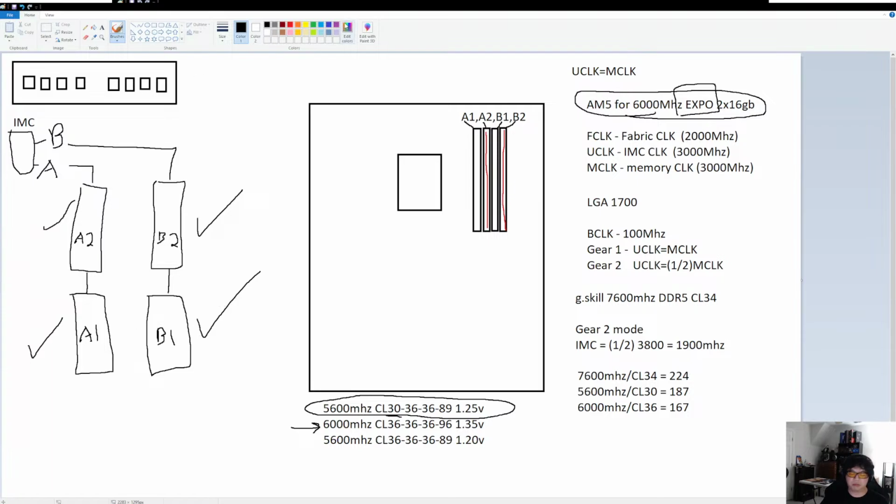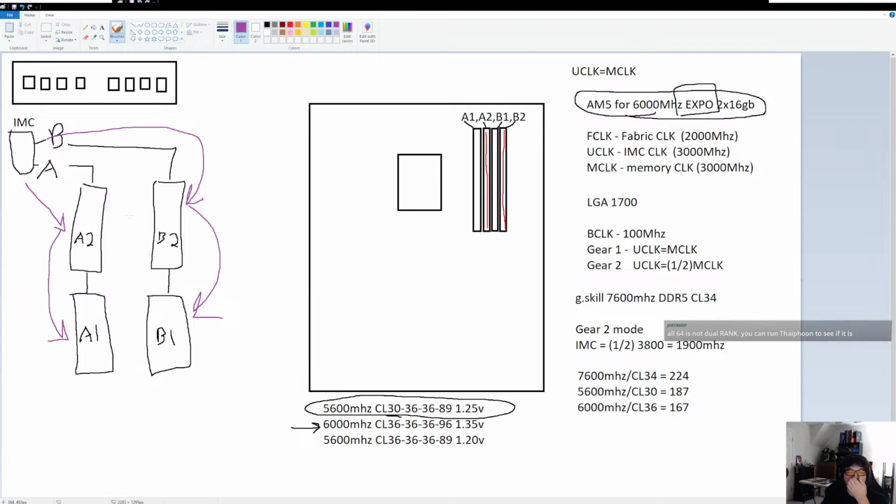So the signaling from the IMC is going to have to enumerate this, and via daisy chaining, then enumerate that one. And likewise with the A channel, it's going to have to enumerate that and then daisy chain and get this one. That increases the electrical load on the IMC on how much memory it has to address. So that is going to add latency, and the way that happens is that you can't run the memory as fast.